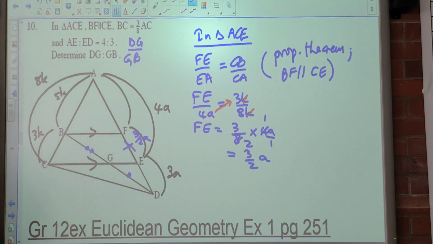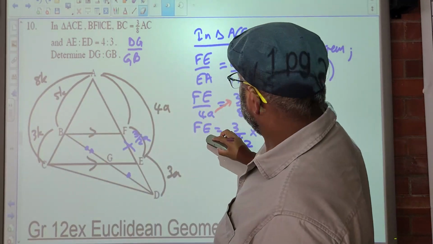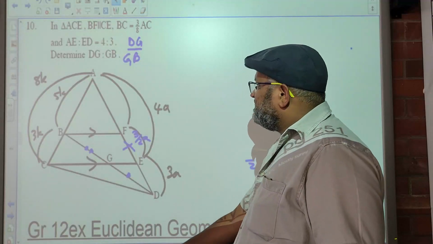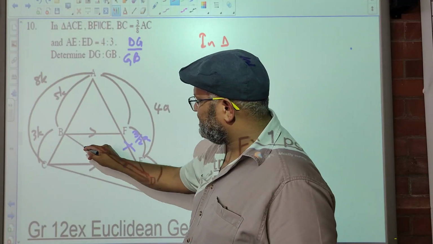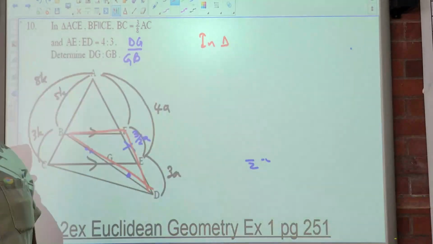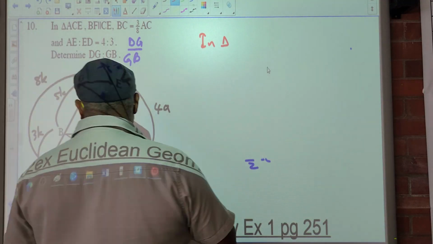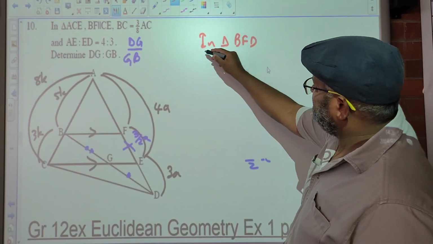Do I have enough information now? Yes. So let's go. Now we say in triangle, so now this is the triangle I'm going to work with, not so? So it's in triangle BFD.